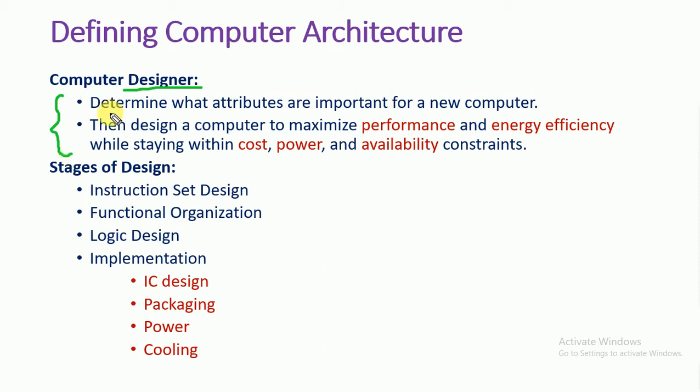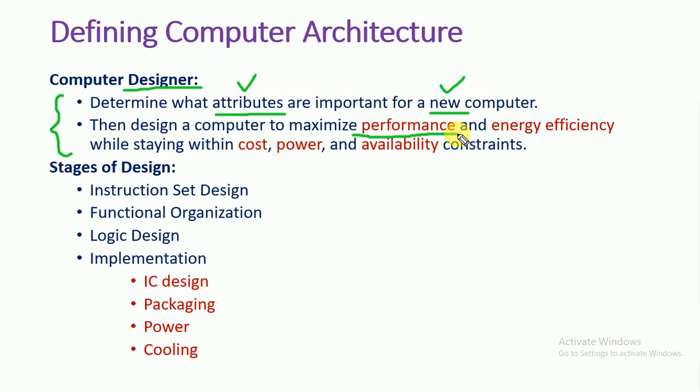So who is a designer? He determines what attributes are required for a new computer. He will decide the various attribute requirements for the new computer that is to be generated. Then he will design a computer to maximize the performance.